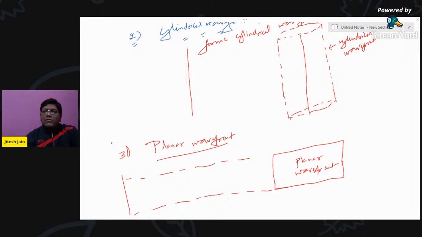Okay, so now we will continue with our theory again. Next, there are two very important things. The next theory is about the propagation of light, the Huygens wave theory.